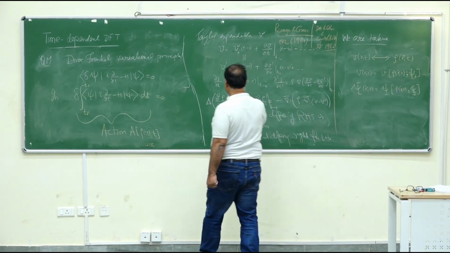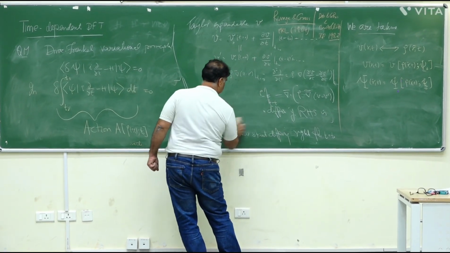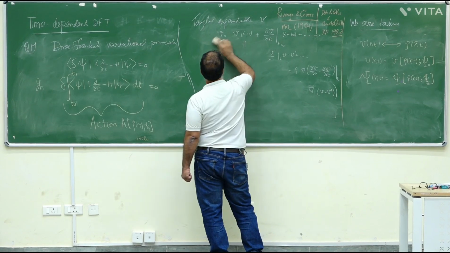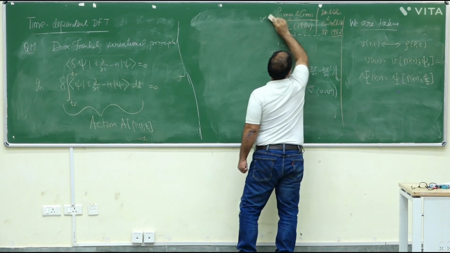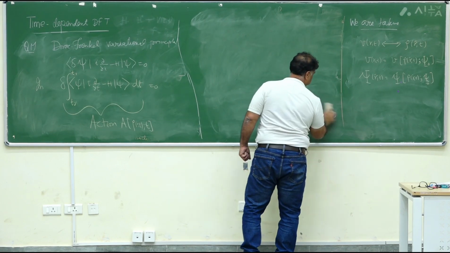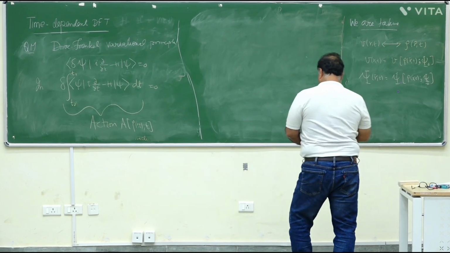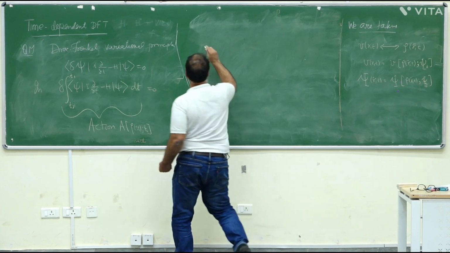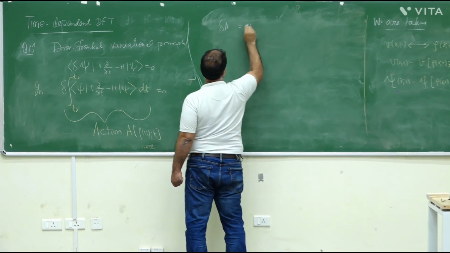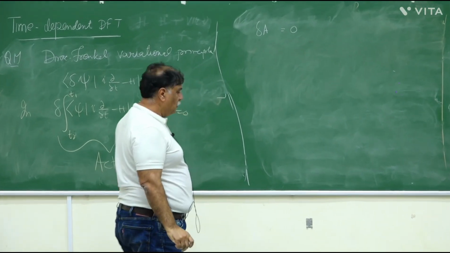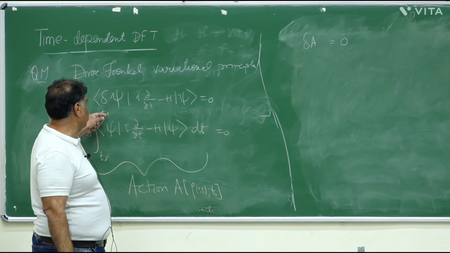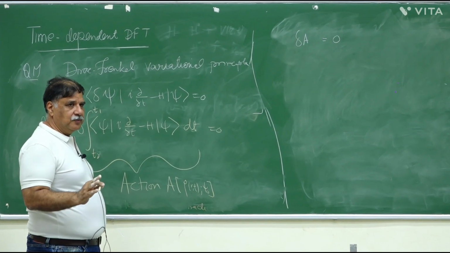Now that we've done this, delta A is equal to 0. And you put some condition on delta psi, whether it should be vanishing at t0, it should be vanishing at t1, and so on, that you can do.